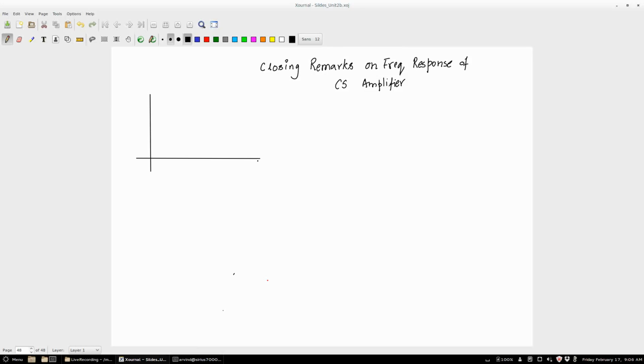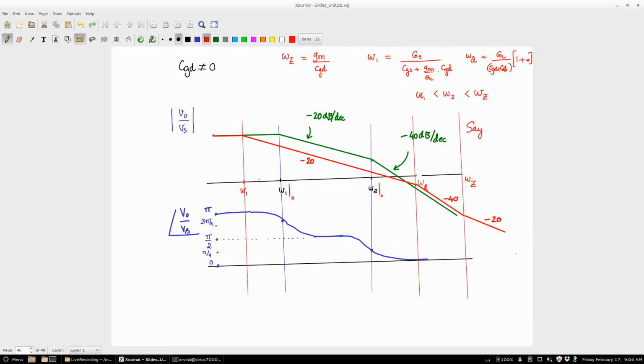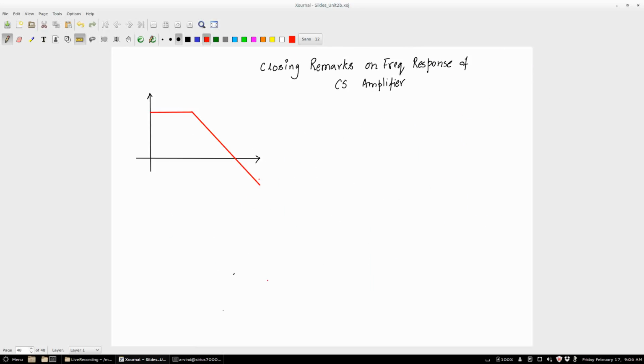And in any amplifier, bandwidth is important, right? In everything, bandwidth is important, right from the kind of music we listen to to the kind of internet connectivity we have. Bandwidth is important, right? So the bandwidth of the amplifier, effectively you only need to worry about things until that omega 1.